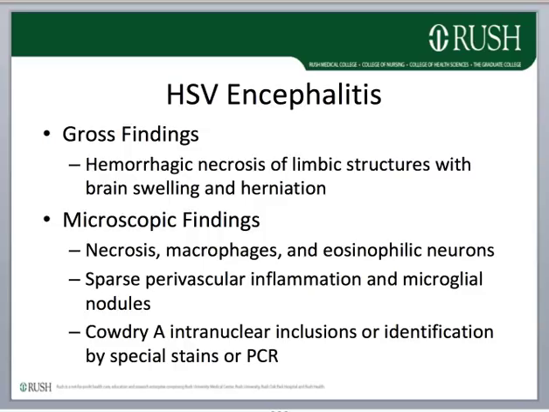Microscopically, we see, in addition to the general features of viral encephalitis, necrosis, macrophages and eosinophilic neurons, sparse perivascular inflammation and microglial nodules, and Cowdry A intranuclear inclusions or identification of the virus by special stains or PCR.